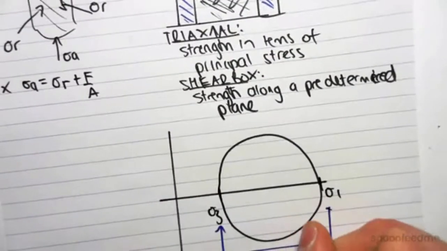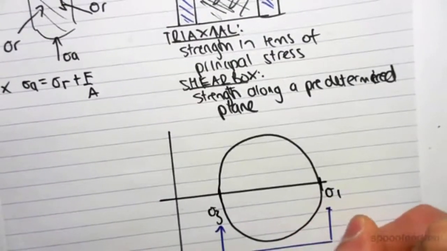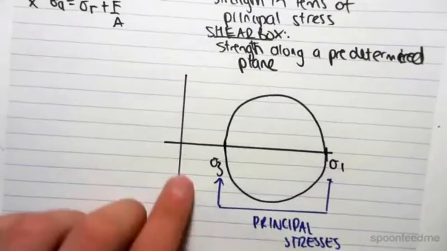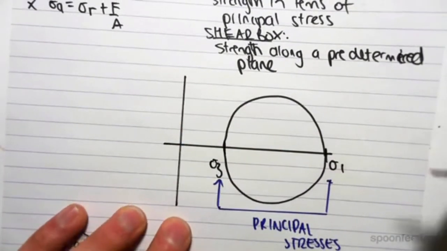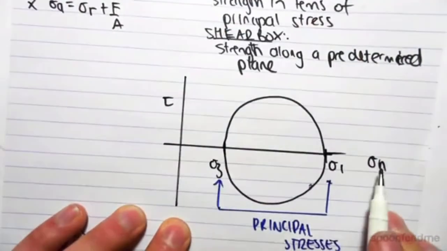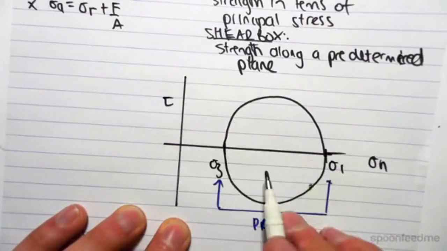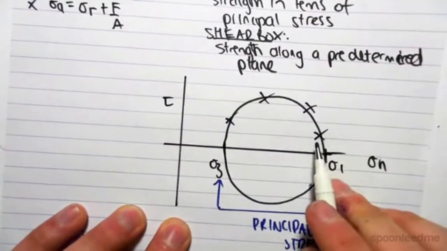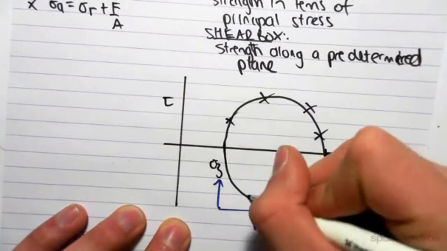And from these principal stresses, we can construct a Mohr's circle, which will give us, so this is sigma n, and this is tau, so this is the normal stress and the shear stress. So based on these values, we can find the shear and normal stress along any plane.